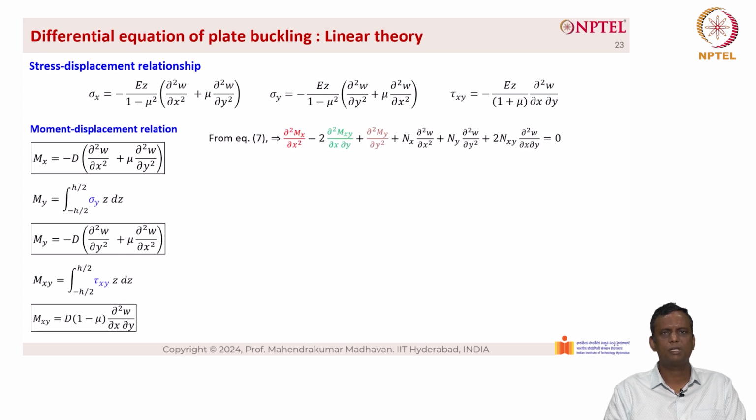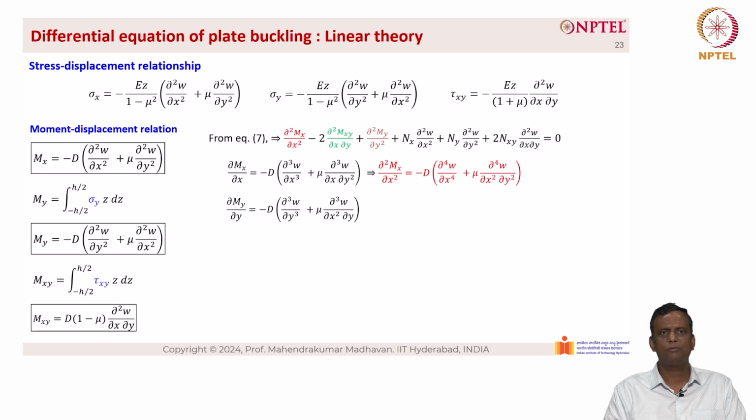So from equation 7, we have a big equation in terms of Mx, My and Mxy. We can substitute that, and in order to do so, we have to double differentiate Mx, My and Mxy. So we have dou Mx by dou x equal to minus D into dou cube w by dou x cube plus mu into dou cube w by dou x dou y square. So dou square Mx by dou x square equal to minus D into dou power 4 w by dou x power 4 plus mu into dou power 4 w by dou x square dou y square.